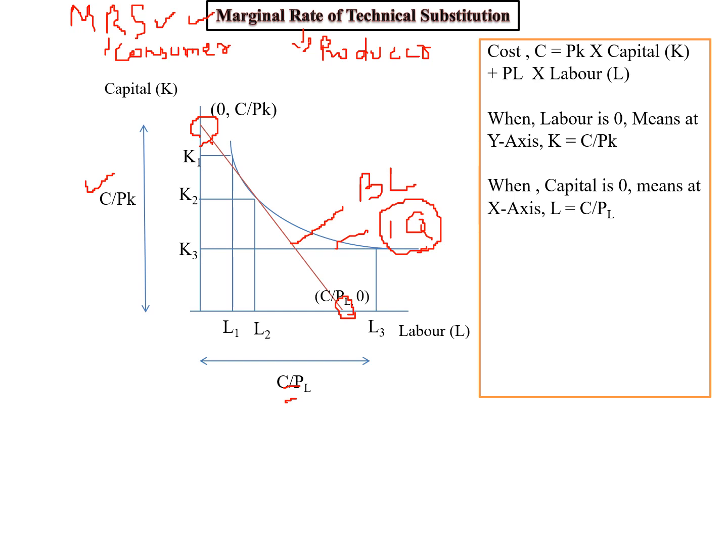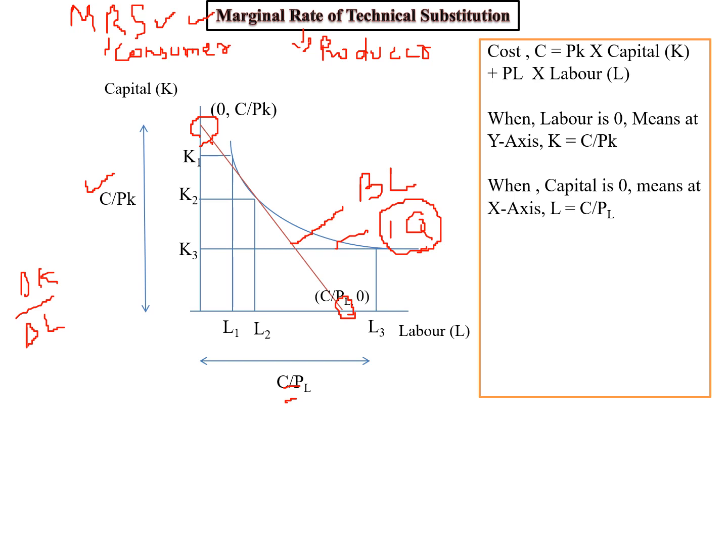Because to understand the slope of the isoquant, you need to understand the slope of the budget line. And you all know that slope is nothing but the change of capital with change of labor, or you can say that slope is delta K by delta L. This is slope.